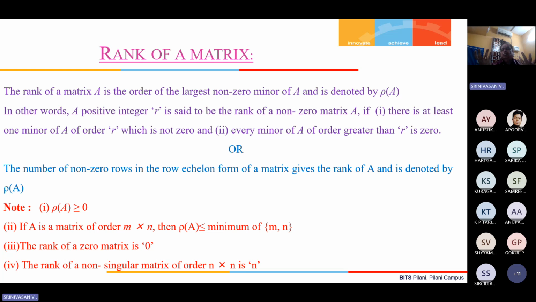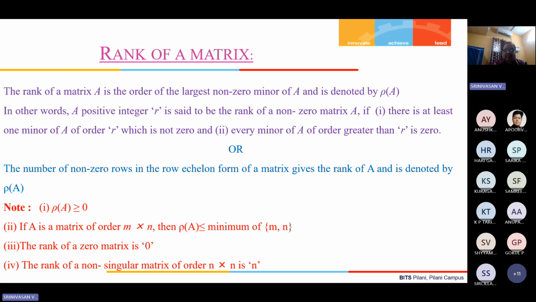So that is the rank. Suppose the determinant value is 0. You go for a sub matrix, a square matrix naturally, of order 2 by 2. If there is at least one non-zero minor, then that gives the rank.